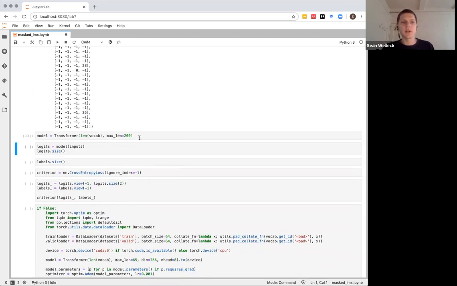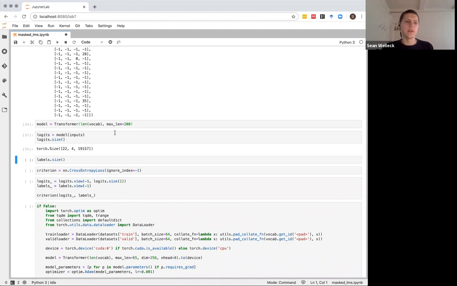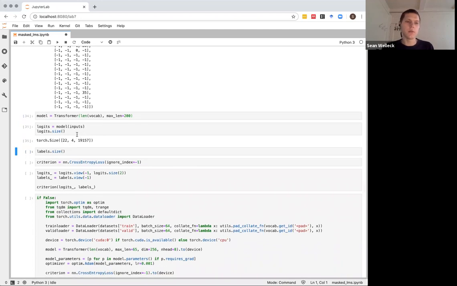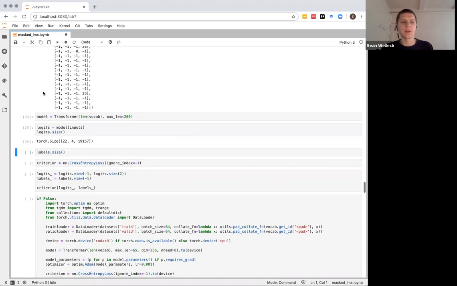So now we're going to create a transformer. And again, due to the way that we're computing the position encodings, and there are different ways of doing it, we specify some maximum length. Now you could look at what happens when we feed the inputs, which are here, through the model.